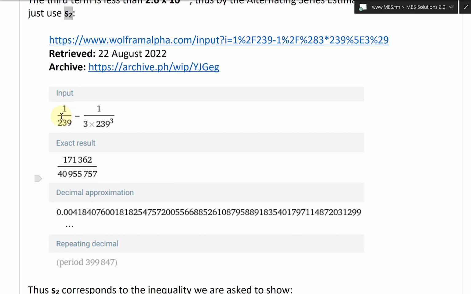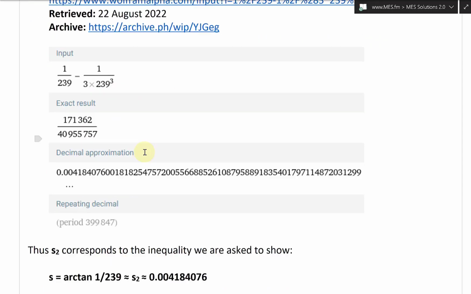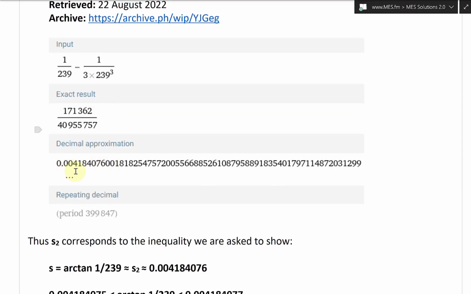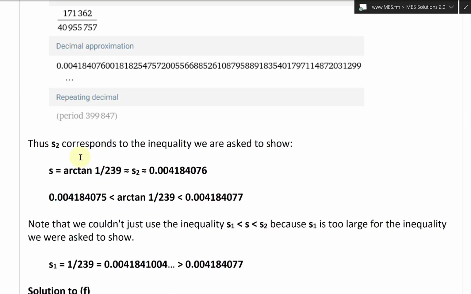S2 is 1 over 239 minus 1 divided by 3 times 239 to the power of 3, and using Wolfram Alpha you get 0.004184076. So S2 corresponds to the inequality we are asked to show: arctan 1 over 239 is approximately S2, which equals this, up to the 76.